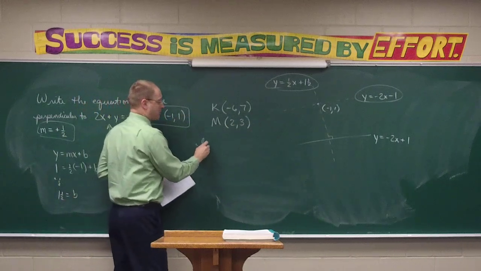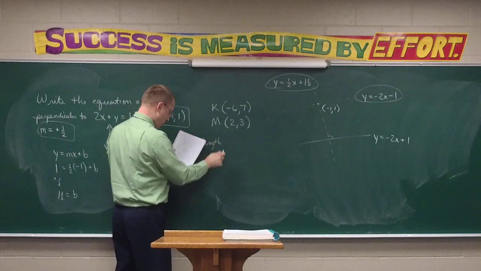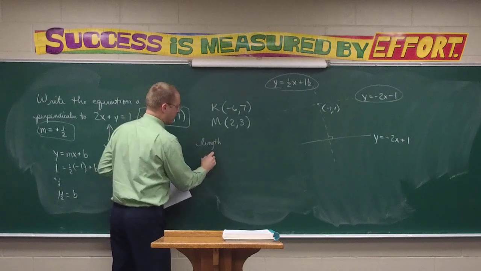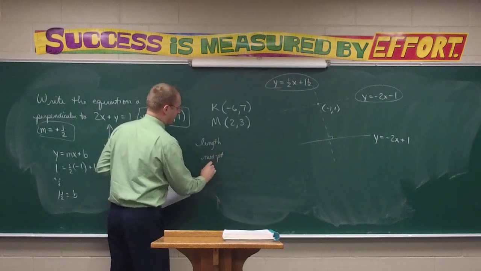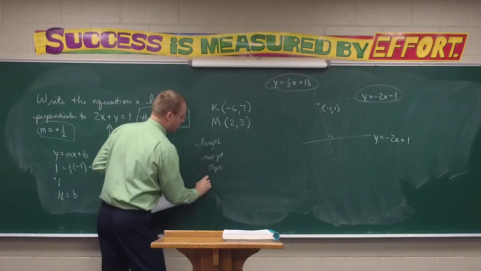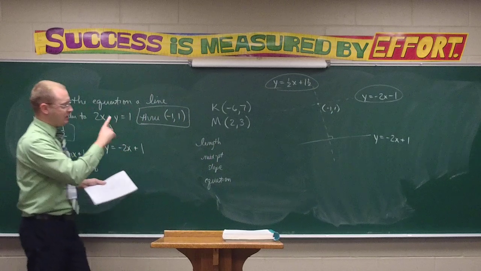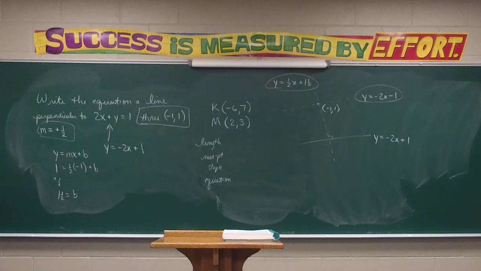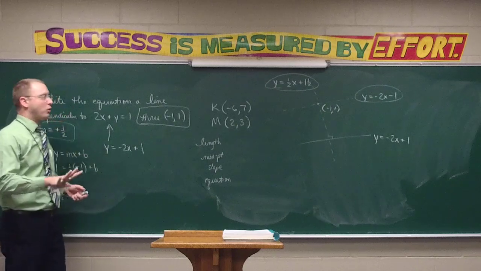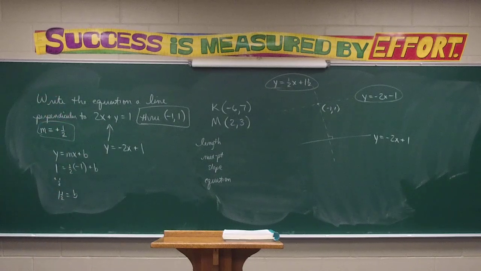We can find, as we've said before, the length. We can also find the midpoint. We can find the slope, and now we can find the equation. We're going to practice finding all 4 things. Take a moment. See if you can get all 4 before the bell rings. We have just a couple minutes. Find the length, find the midpoint, find the slope, and the equation of KM. See if we can solve the mystery that is KM.